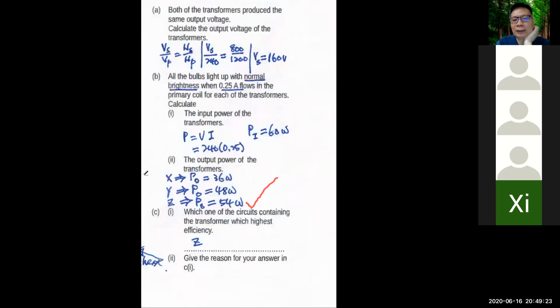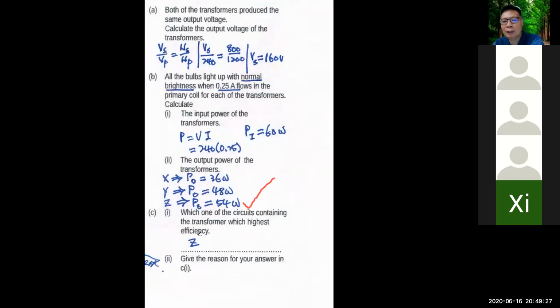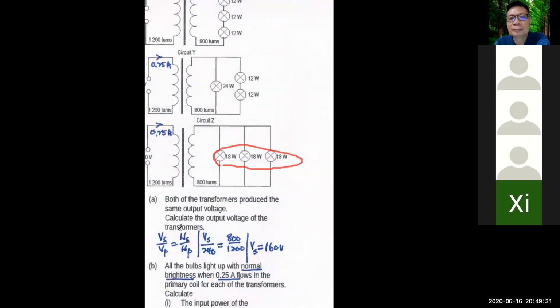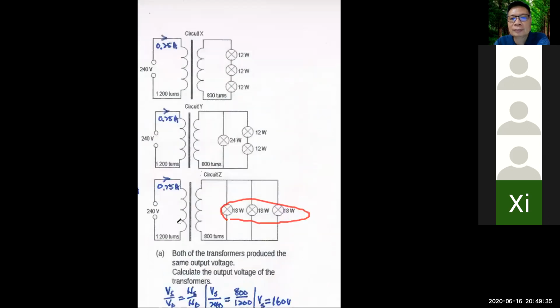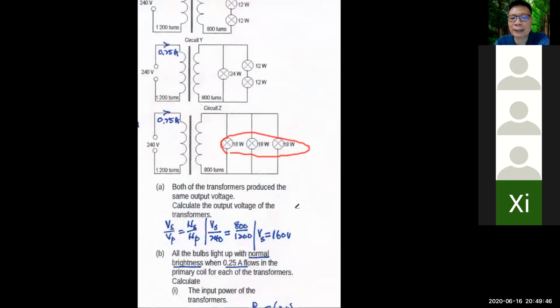Why then? Why is the answer here Z the best? Why? Xia? Less power loss. Less power loss, you can say that. Because input 60, output 54, right? So loss will be 6, so it's the best lah.